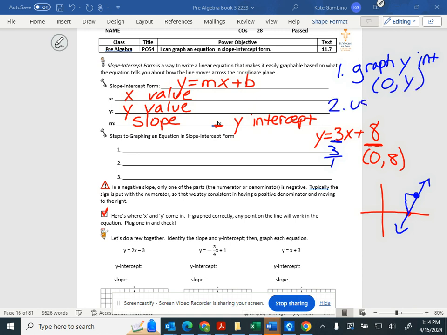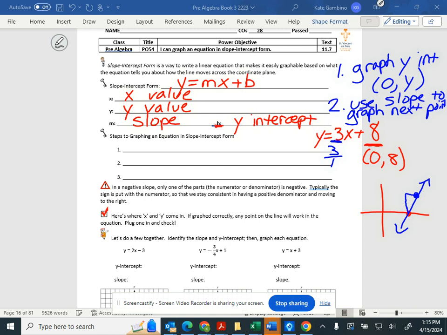Step 2, use slope to graph next point. Right? So you have to remember, you graph your y-intercept, use the slope, rise over run.